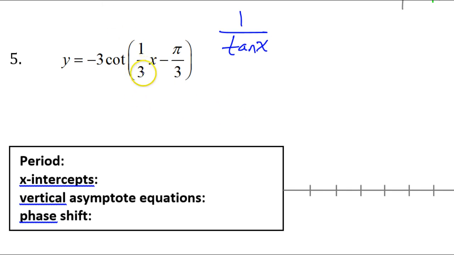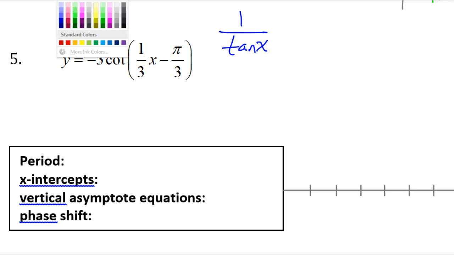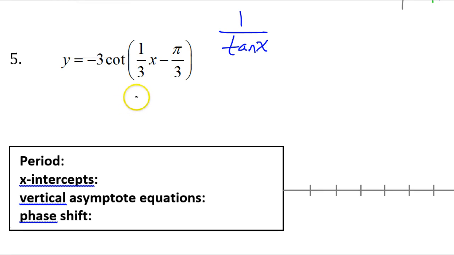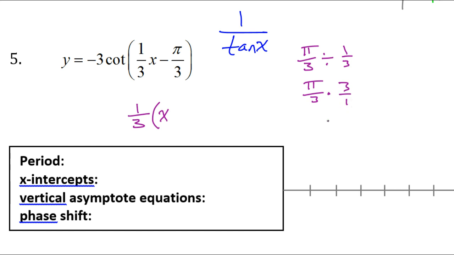Now, I need to factor out this 1/3 before I get too carried away. So if I take out this 1/3, you have to always bring that b value outside of the parentheses. To find out what goes next, I need to divide pi over 3 by 1/3. Pi over 3 divided by 1/3, you multiply by the reciprocal, so that's pi over 3 times 3 over 1.